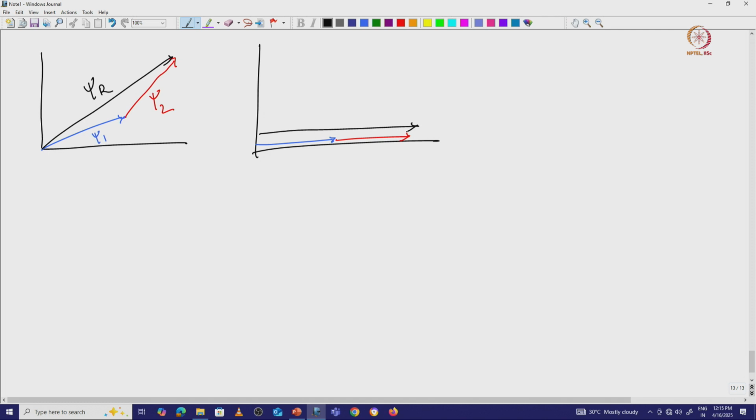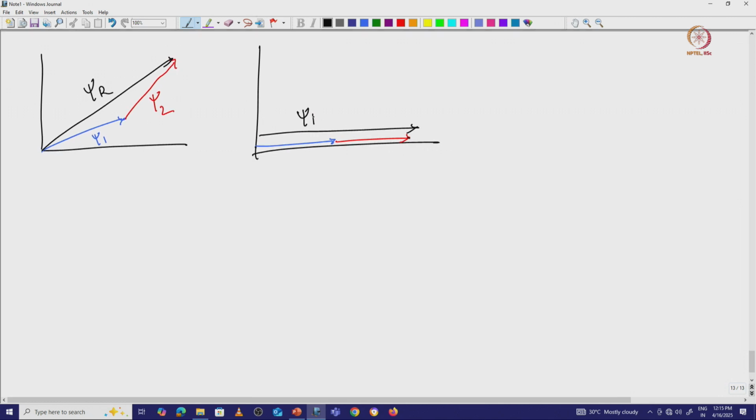This kind of vector addition, this is the start point and this is the end point, and when you are getting this kind of vector addition, I consider this R1, this is R2, and then we consider the third one also. The third one is the opposite, if you recall properly. This is the blue wave, and then this is the red wave, and we will get the resultant wave this one. So the resultant wave will be R3.